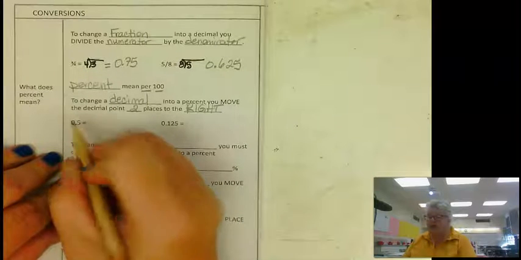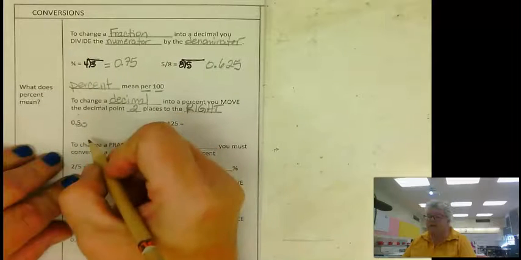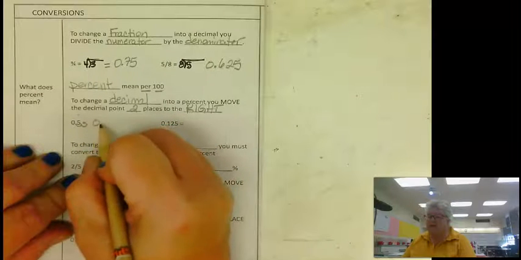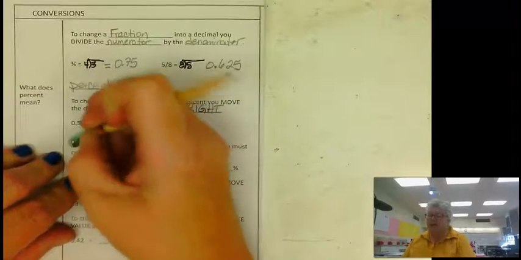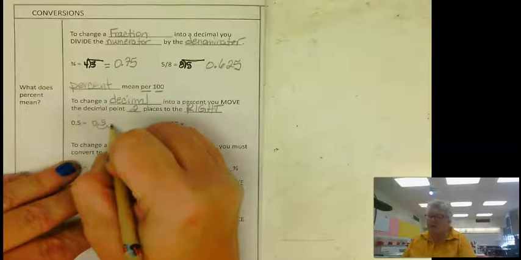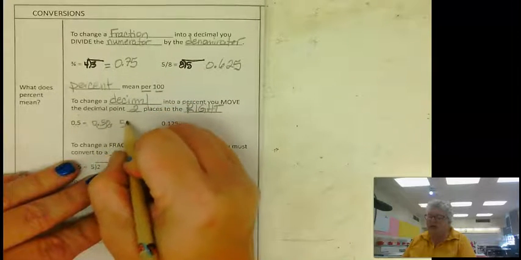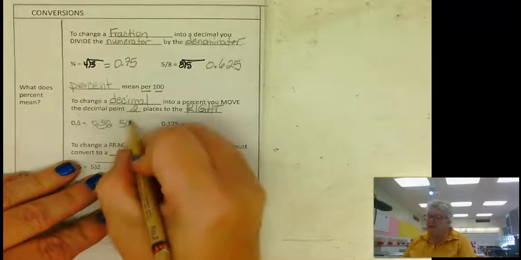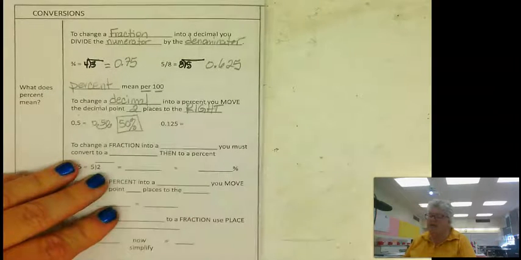So here we go. We've got 0.5 here. If I move it 1, 2 places, I have to stick a 0 there, and now I've got 50, and remember we're doing percent, so you got to add that percent sign, 50%.